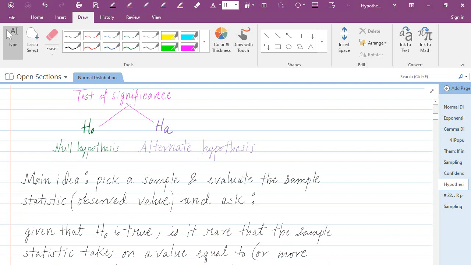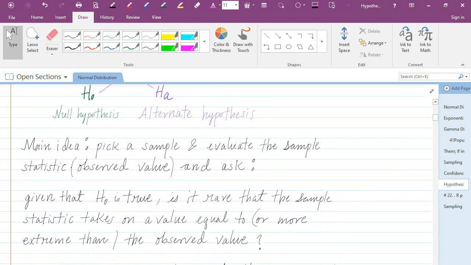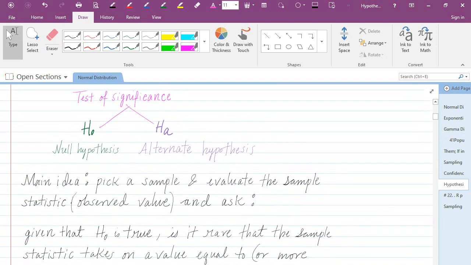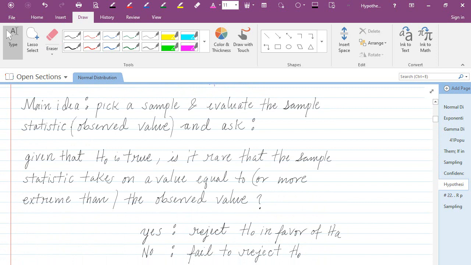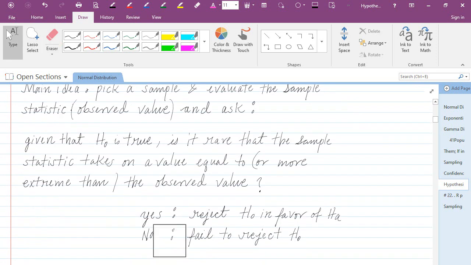The main idea is that you pick a sample and evaluate the sample statistic, which is called the observed value of the sample statistic, and then you ask the following question.